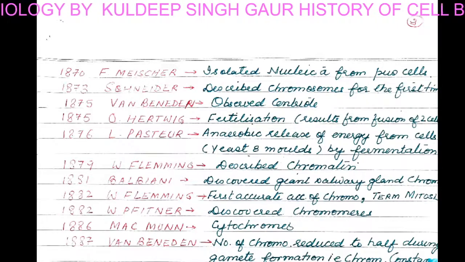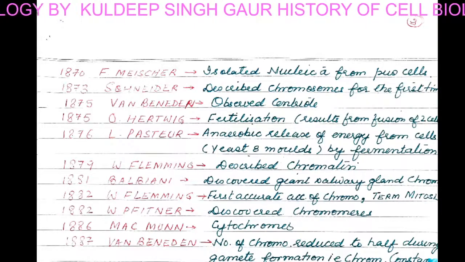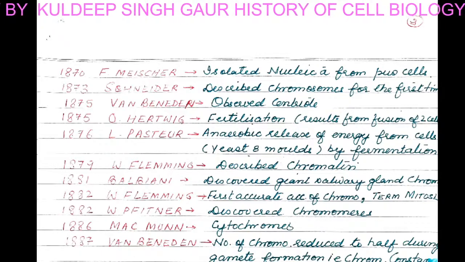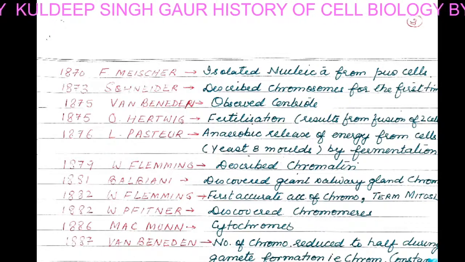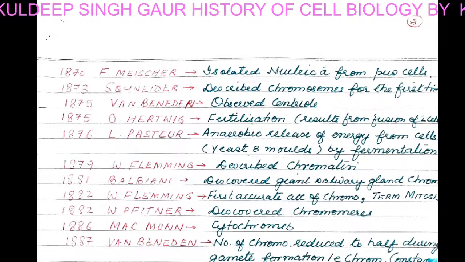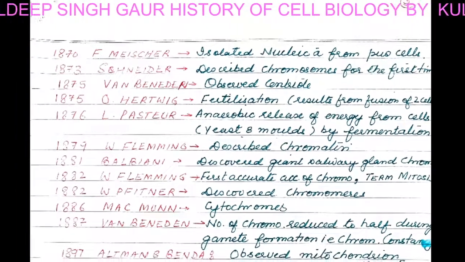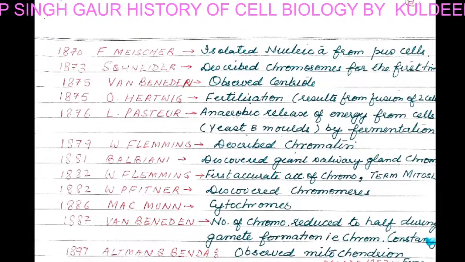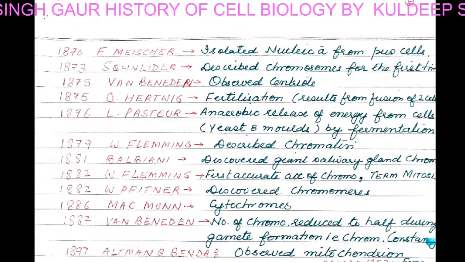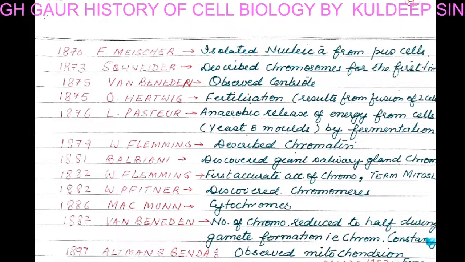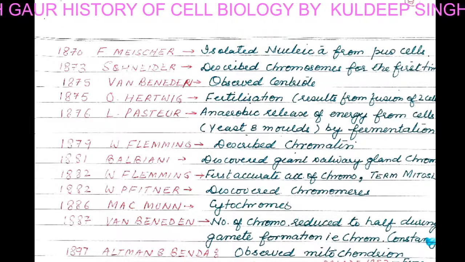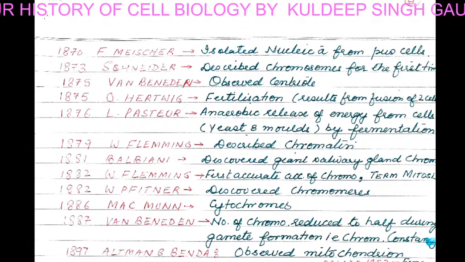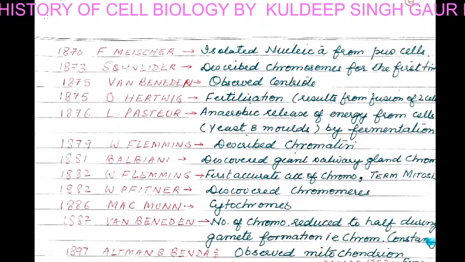O. Hertwig in 1875 described fertilization for the first time, and he said that fusion of two cells or gametes from different parents is called fertilization. 1876, Louis Pasteur described anaerobic release of energy from cells by fermentation, and he had seen this process in yeast and molds.